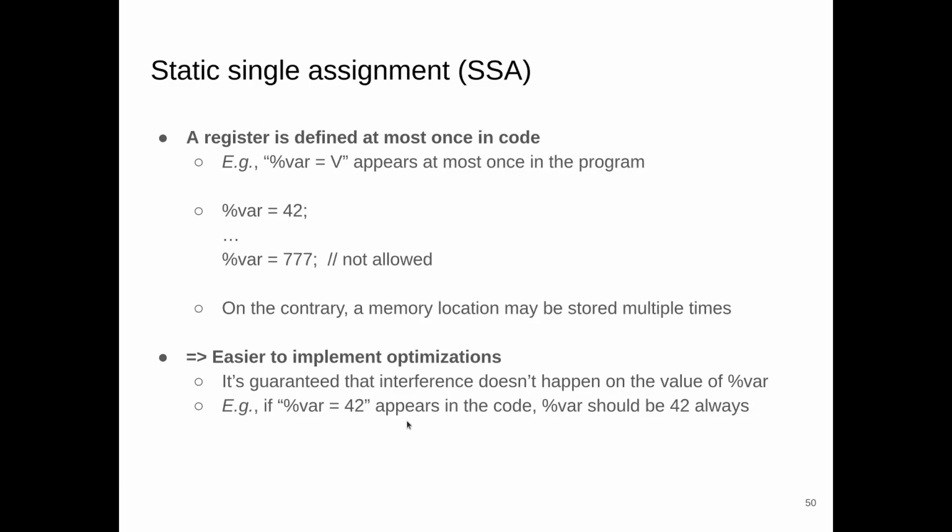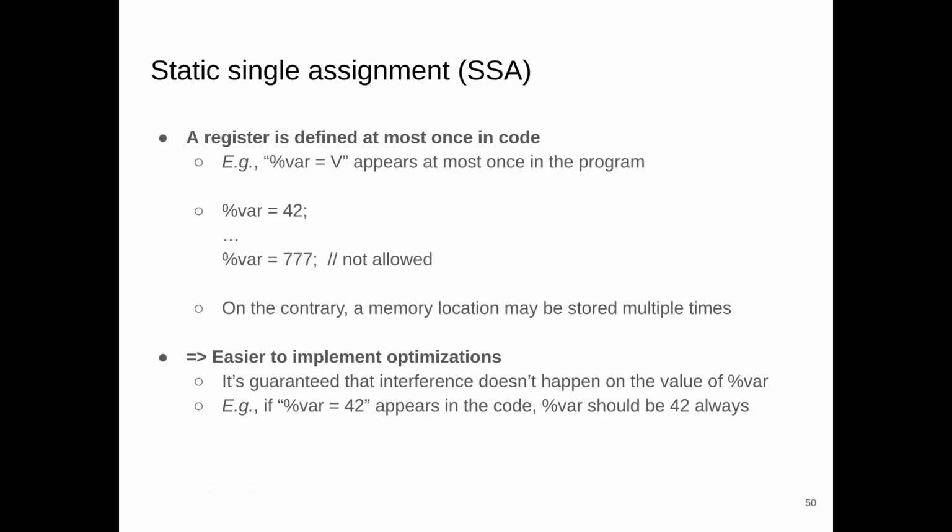If you see an instruction that says $var equals 42, then you can just replace every read of this $var by 42, because there's no interference and $var should be 42 in the execution. So this is true, and as a result, we can implement constant propagation very easily.